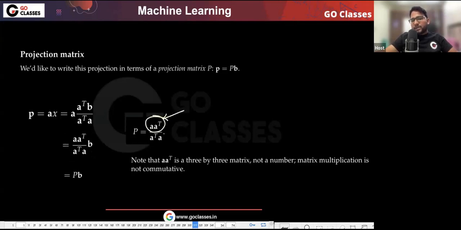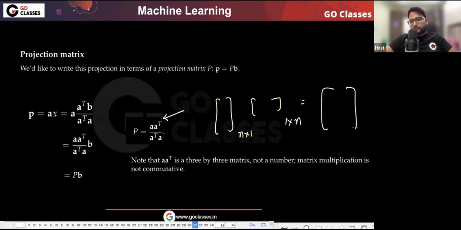A transpose A is a scalar, but if A is n cross 1, then A transpose is 1 cross n, and A A transpose is a matrix. So what is the projection matrix corresponding to just small a? This is the projection matrix, right? Is this fine to everyone?